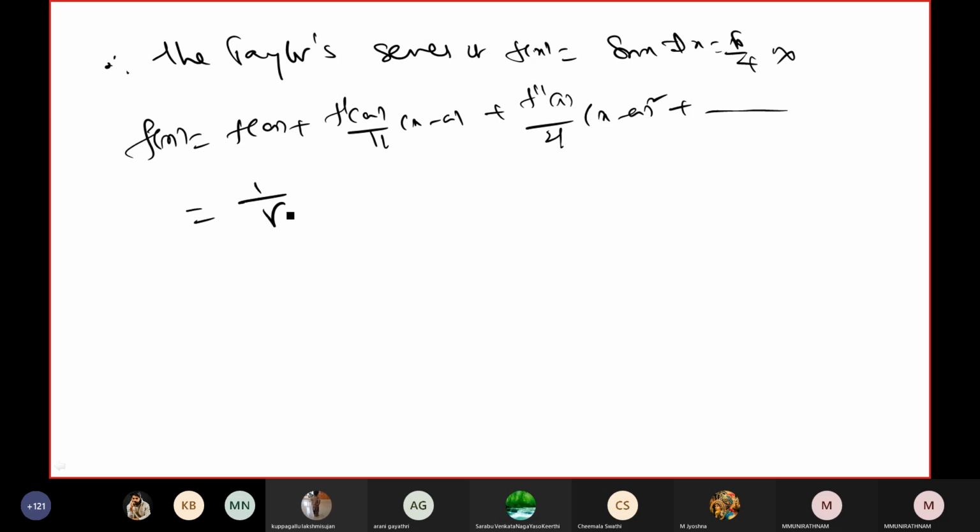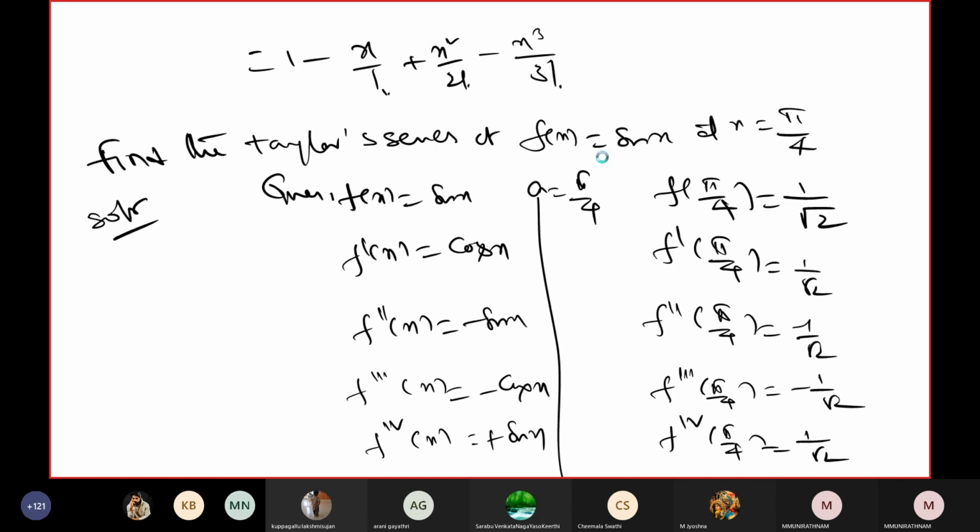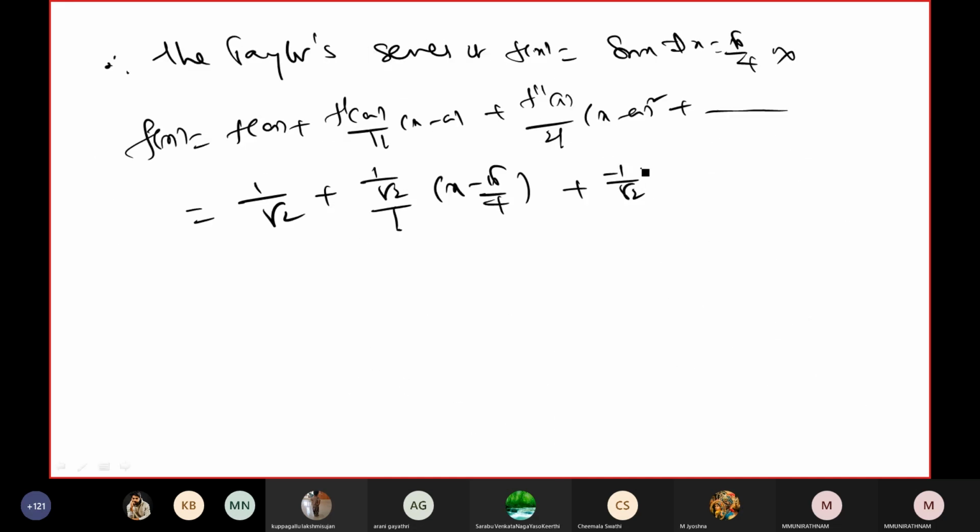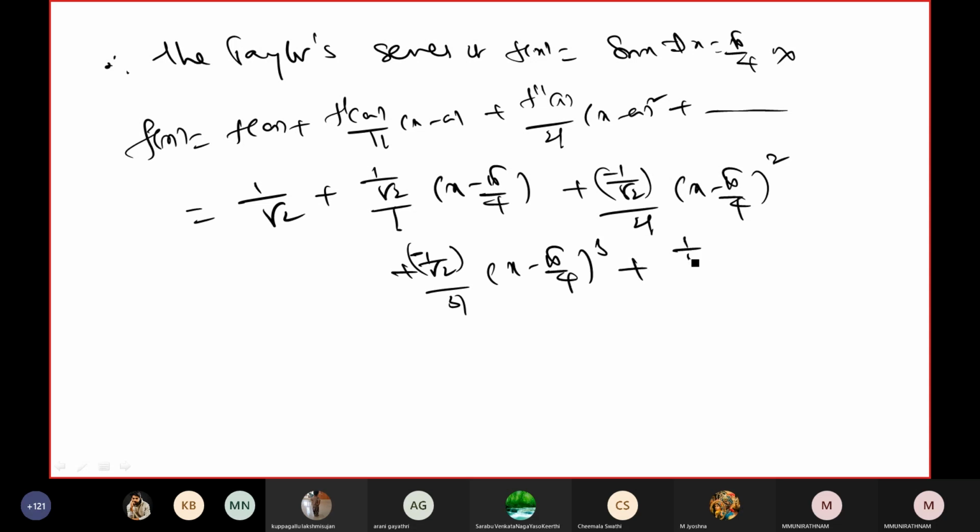This is nothing but 1 by root 2 plus 1 by root 2 by 1 factorial into x minus pi by 4 plus minus 1 by root 2 by 2 factorial into x minus pi by 4 whole square plus minus 1 by root 2 by 3 factorial into x minus pi by 4 whole cube plus 1 by root 2 by 4 factorial into x minus pi by 4 whole power 4 plus and so on.